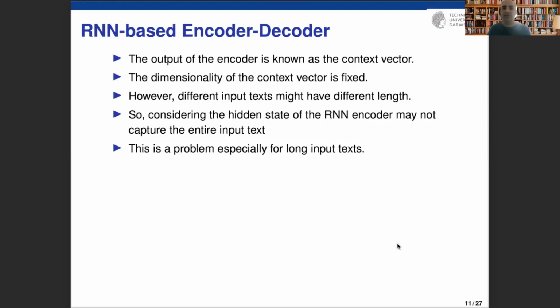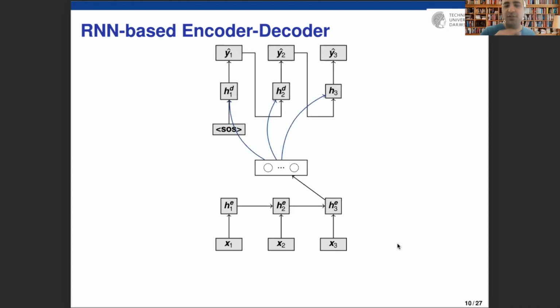As we discussed, the output of the encoder is known as the context vector. The dimensionality of the context vector is fixed, right? For example, in this architecture, the dimensionality of the context vector is equal to the dimensionality of the hidden state in the encoder.